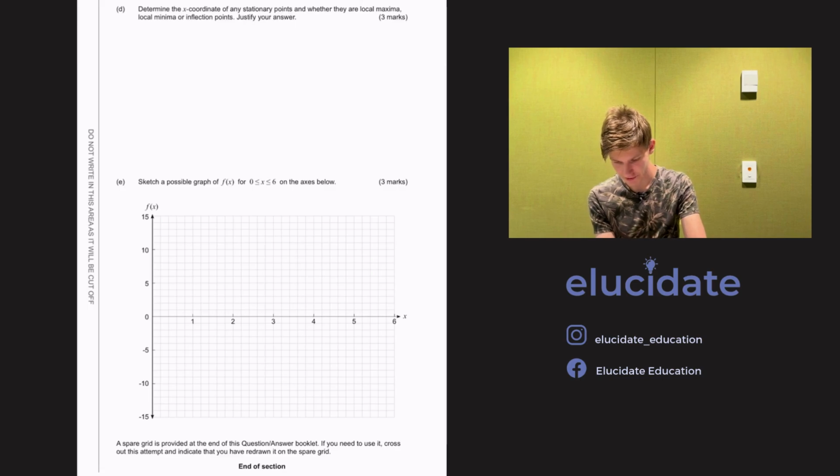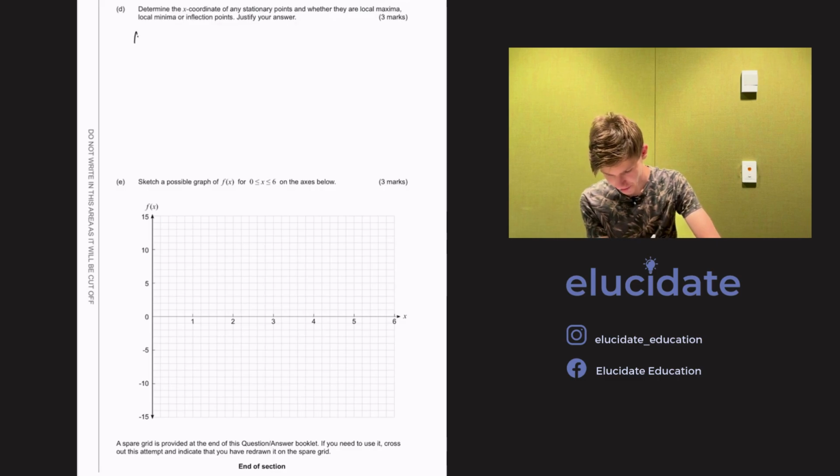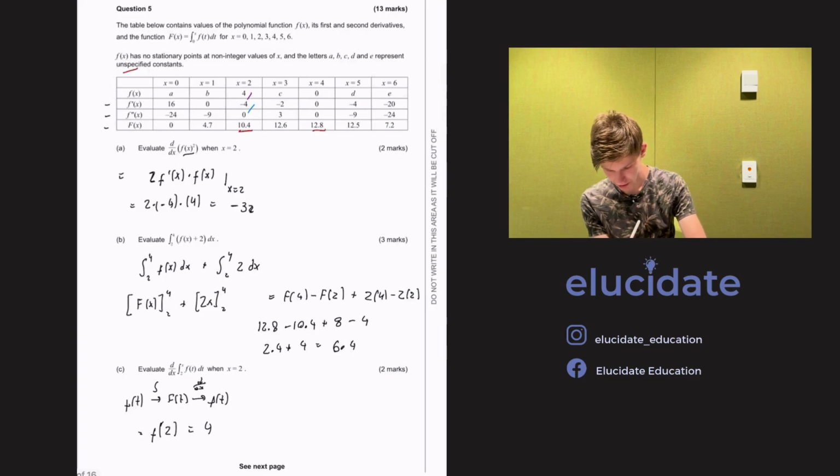Determine the x coordinates of any stationary points and whether or not they are local maxima, minima, or points of inflection. Justify your answer. Okay, so we know that what we're looking for is when the derivative equals 0. So let's have a look for points where the derivative equals 0. I'm going to get rid of these for now.